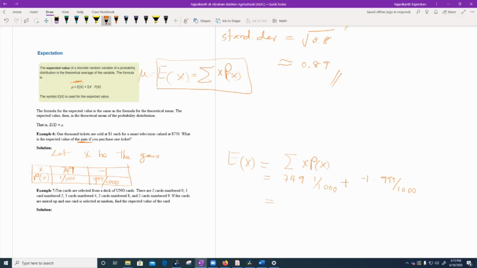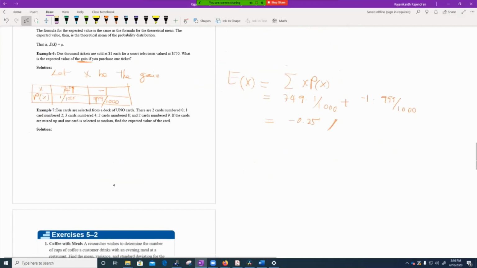So if we simplify this, you will get -0.25. That means what? On average, we lose money, right? A quarter of a dollar is going to be lost when you play this game. So that's the meaning.